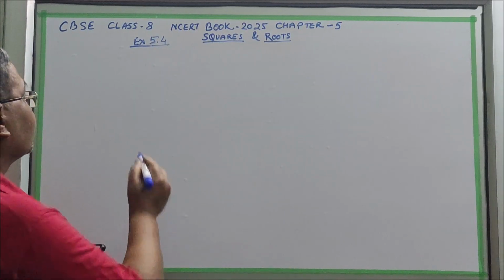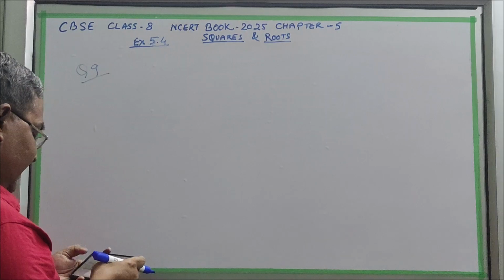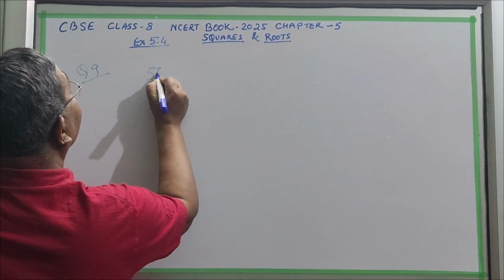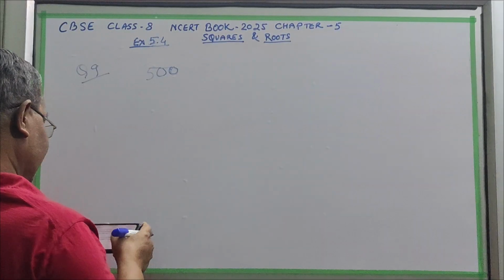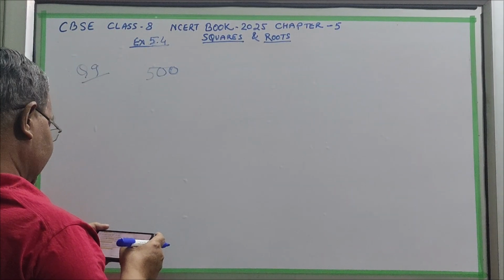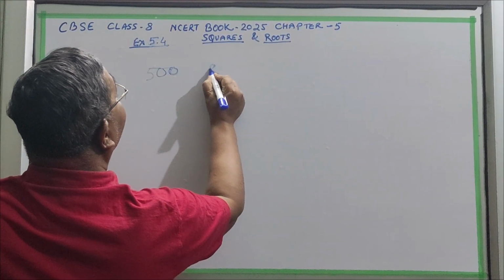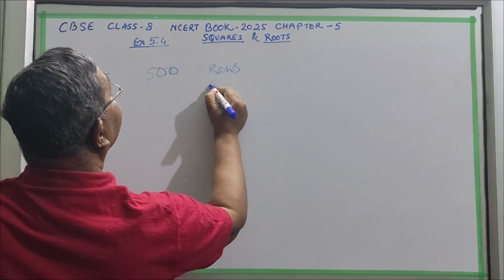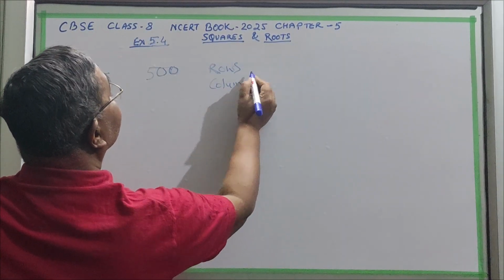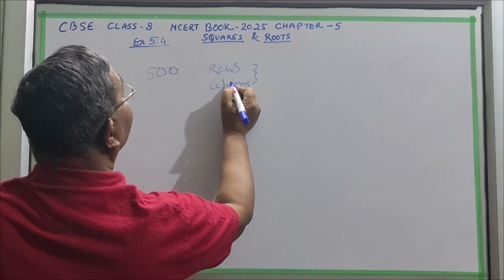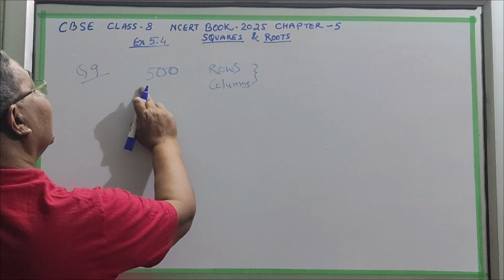Question number 9. There are 500 children in a school, and for PT drills they have to stand in such a way that rows equal columns.